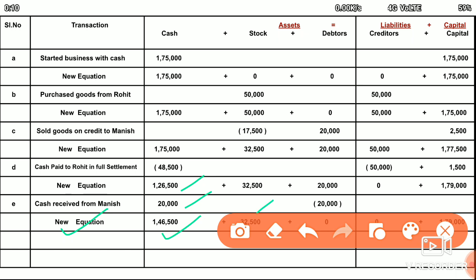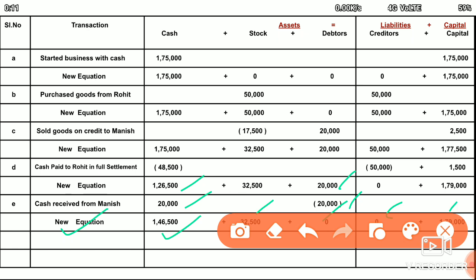Stock will remain same as 32,500, and debtors, before it was 20,000, now it has decreased by 20,000 rupees after the payment, so there will be no more balance left for debtors, so the debtors will become 0. Creditors is 0, it will remain same, and the capital also will remain same as 1,79,000.